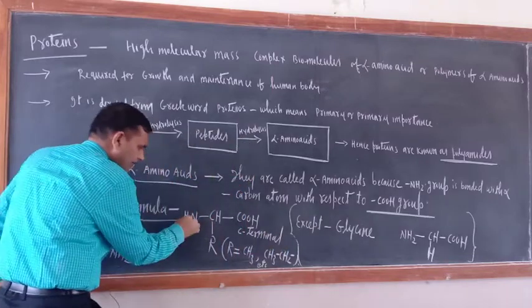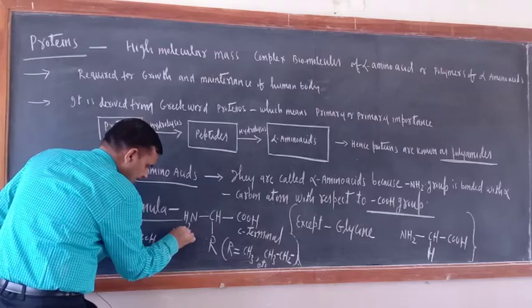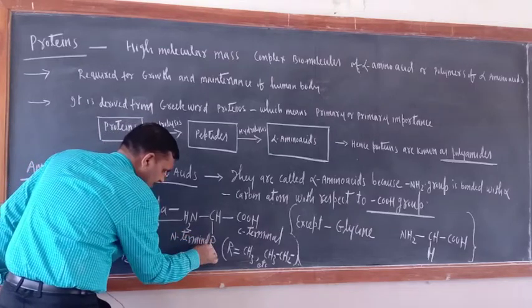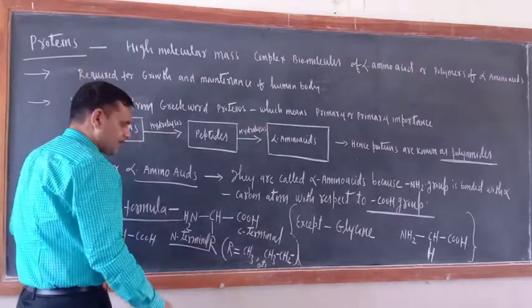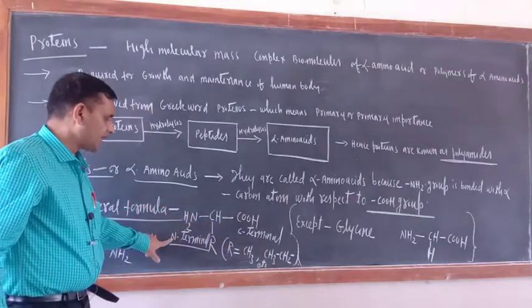The carbon atom to which NH2 is bonded is known as the N terminal. And these terminals will be very important when peptide linkage is formed. So COOH is known as C terminal, NH2 is known as N terminal.